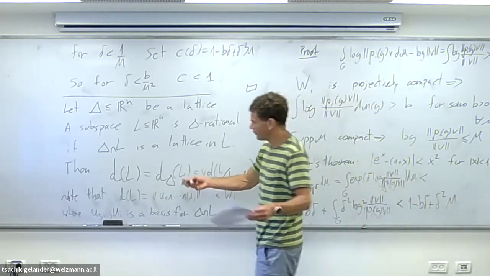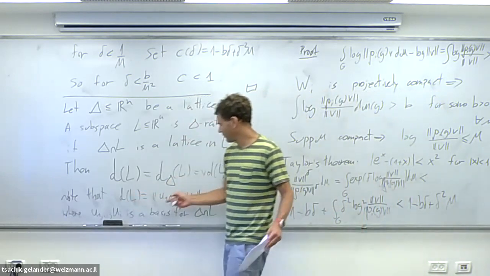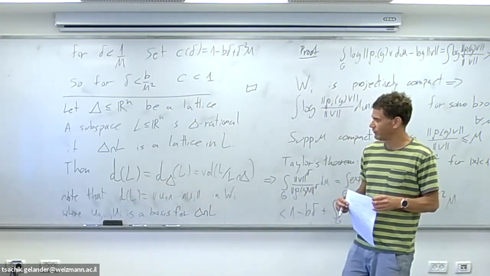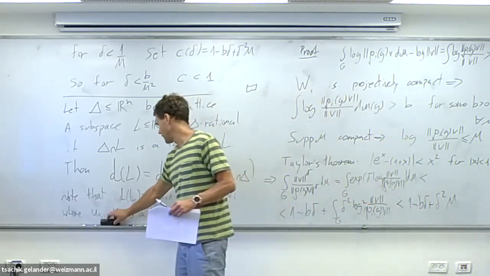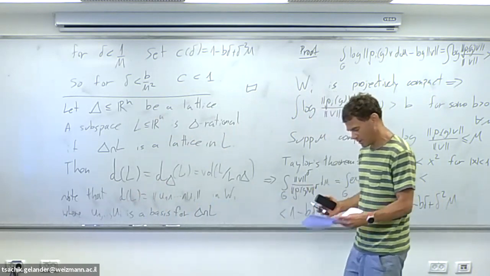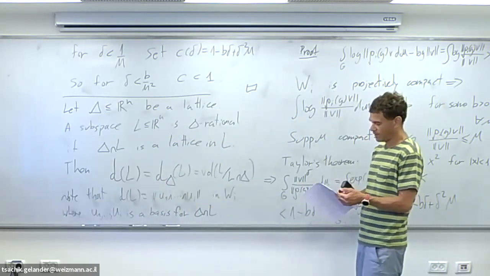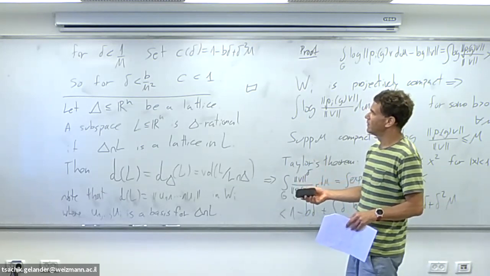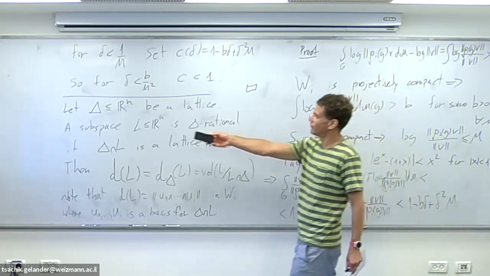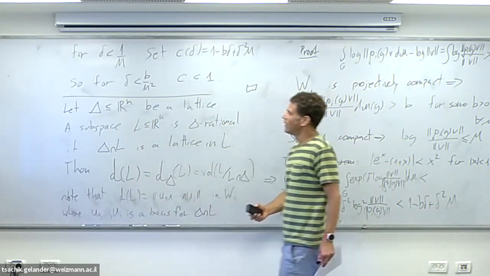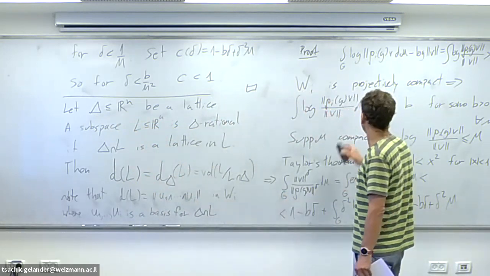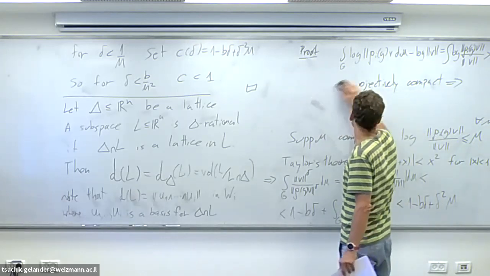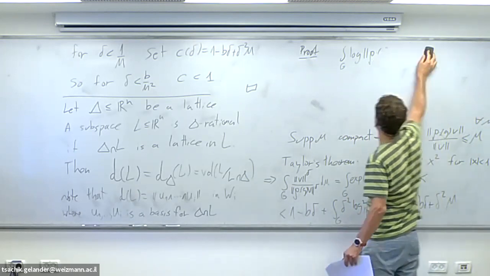This norm is the area of the parallelogram, if you want, spanned by these vectors. In particular, D of R^n is 1 if and only if delta is unimodular, so it has volume 1. We also assume that D of 0 is 0, so D of the zero vector space is 0.